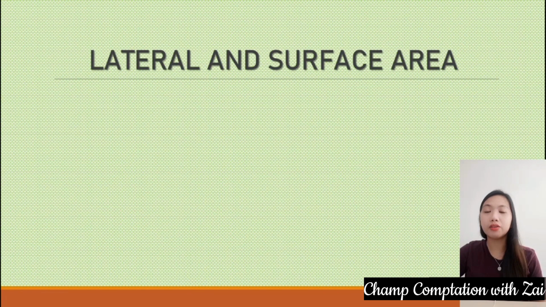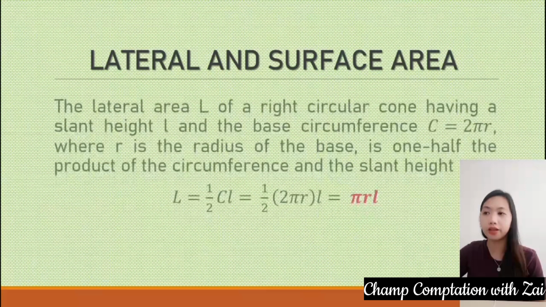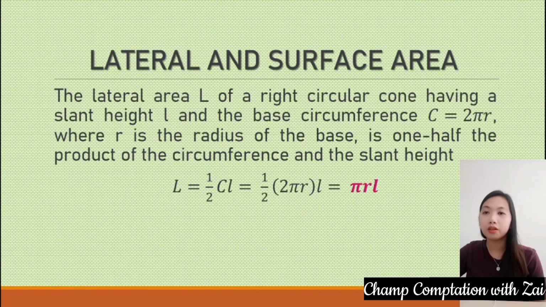Now the lateral and surface area. To solve for the lateral area of a right circular cone having a slant height L and a base circumference, where the circumference, as I told you before, can be computed as 2 pi r and r is the radius of the base, the lateral area is 1/2 the product of the circumference and the slant height.